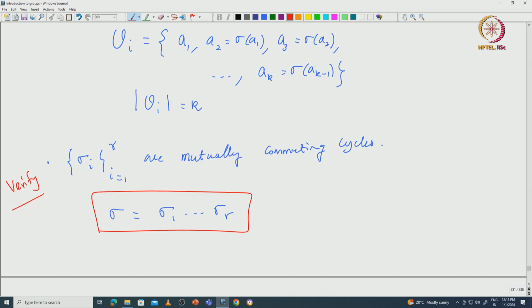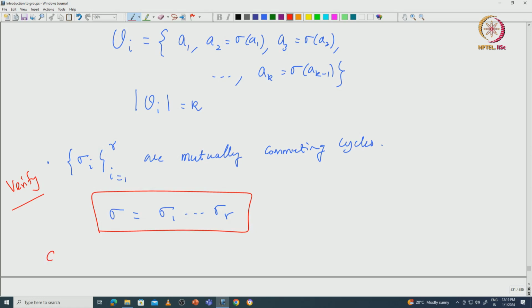Once you have constructed what sigma_i is, it is not hard to prove that sigma is just the product of the sigma_i's. From the definition it is very clear that sigma_i is associated with these orbits, so orbits uniquely determine sigma_i. Because of that, the uniqueness of the cyclic decomposition also becomes clear.